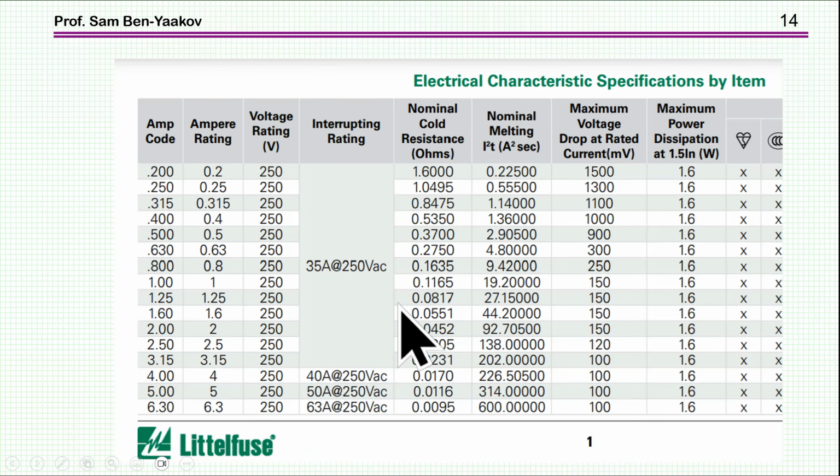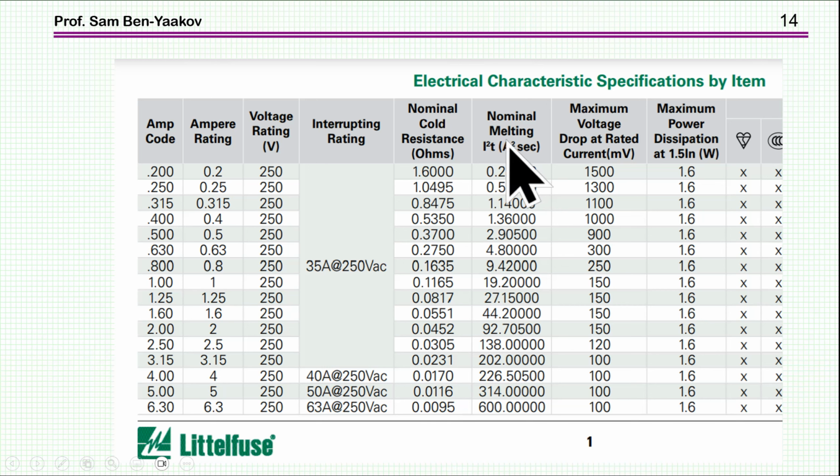Now the manufacturer also gives us this table, which has a lot of information in it relevant to what we were talking about. So let's have a look at this 6.3 amp fuse. You see that there is information about the cold resistance. It's about 10 milliohm, but as I've already pointed out, this is when it's cold and the resistance goes up quite a bit with temperature.